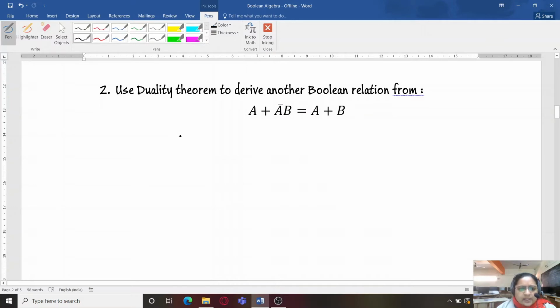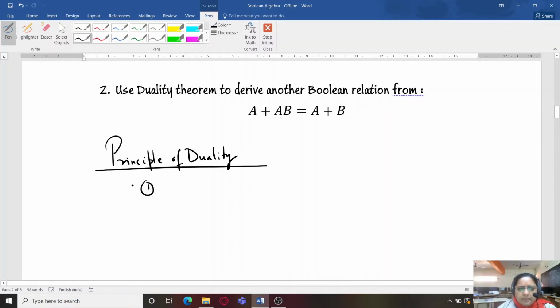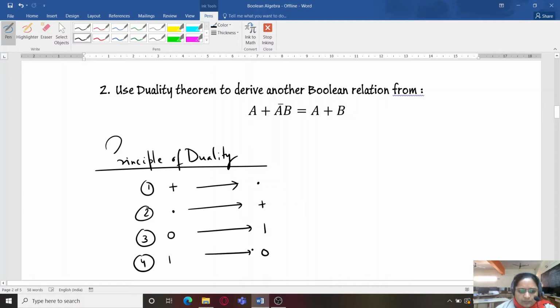As I had already explained to you about the principle of duality, by this principle we can derive an equivalent counterpart of the current logical expression by changing every OR operation into an AND operation, every AND operation into an OR operation, every 0 to 1 and every 1 to 0.